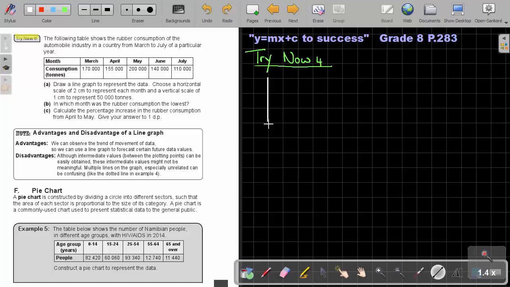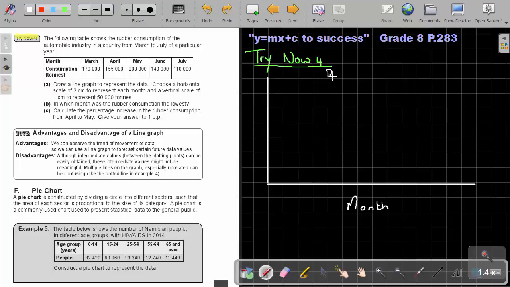I think it's enough like this, and I'm going to draw my scale here. Let's take this as 1, so there will be 5 small blocks on graph paper. We can say the month. The title again is the rubber consumption.